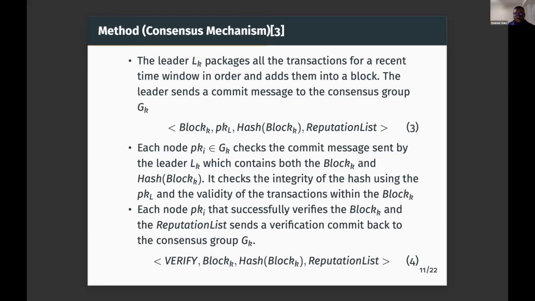And it's also going to check for the validity of all the transactions within the block. So each node that successfully verifies the block and the reputation list is going to send a verification commit back to the consensus group, which we also denote as a tuple, almost similar to the one in equation 4.